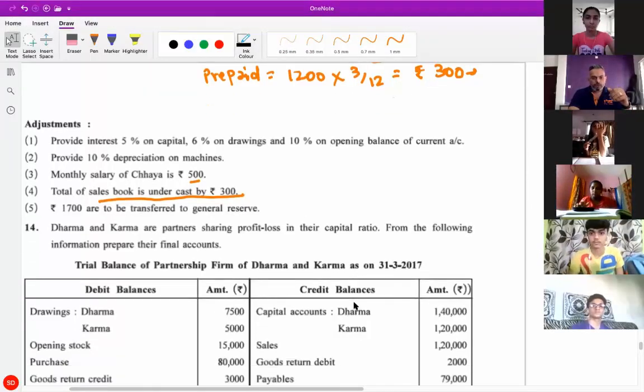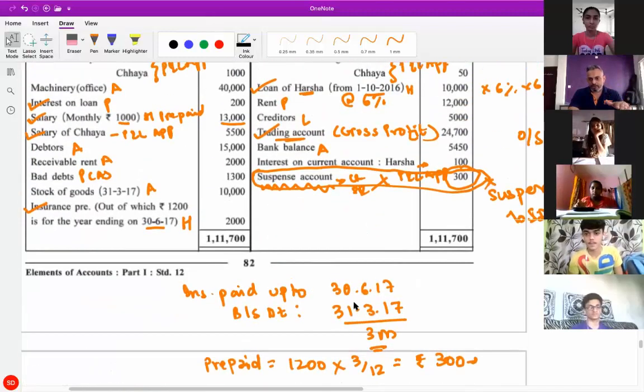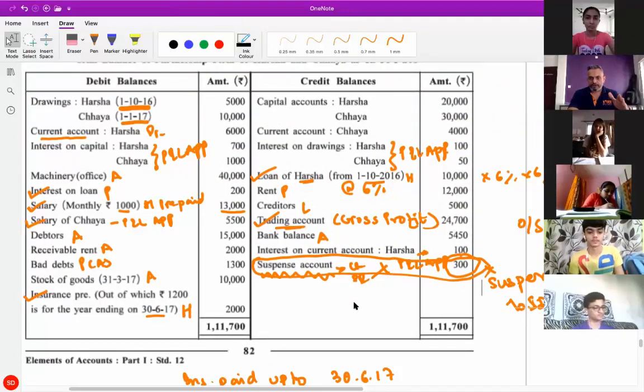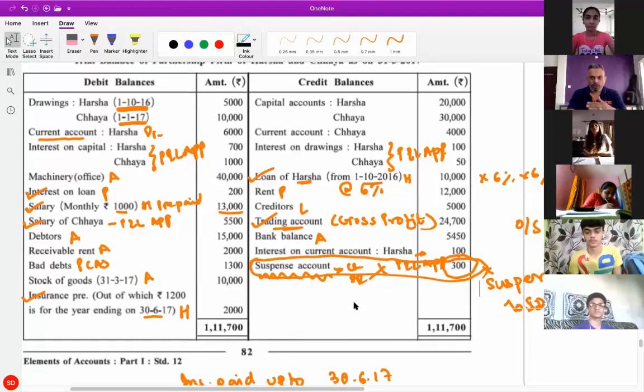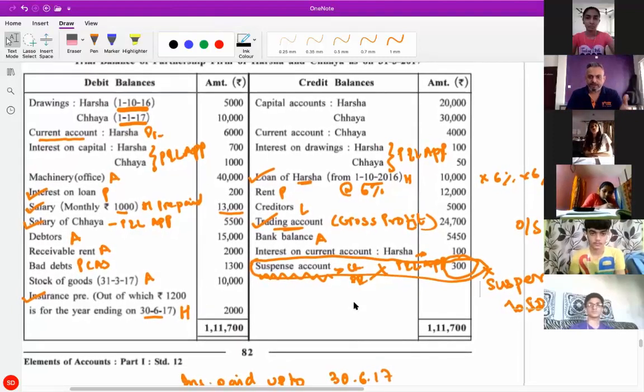Now I think you will be able to do this sum. If possible, try it yourself. Then watch my lecture, because every concept is explained again in that. Got it, all of you?